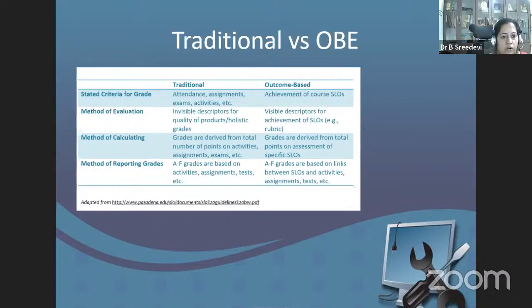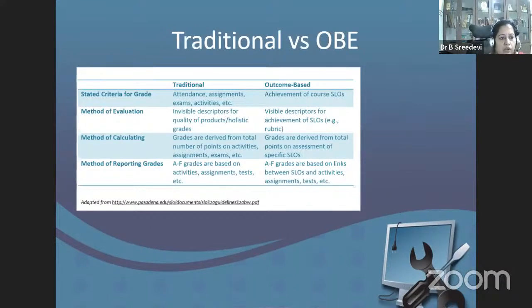So we can go for online learning, online exam-oriented learning, or problem solving online. Whatever means he wants, we can achieve these outcomes in outcome-based education.